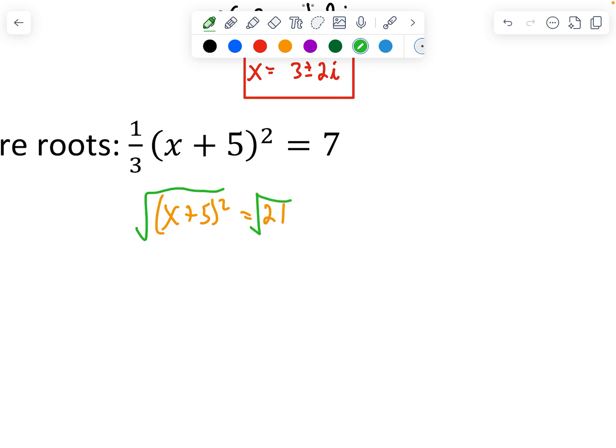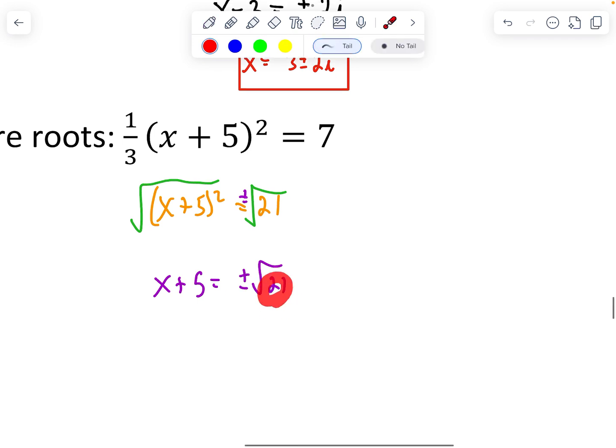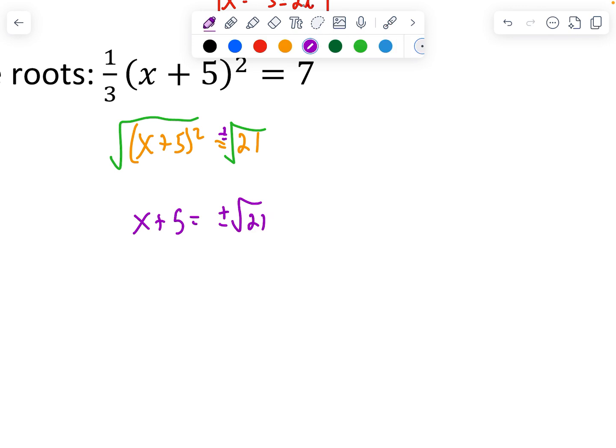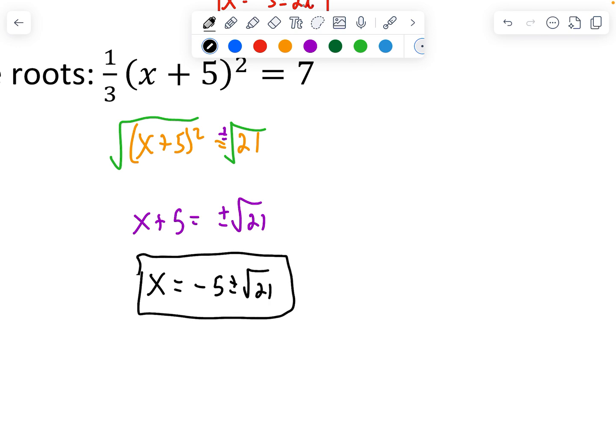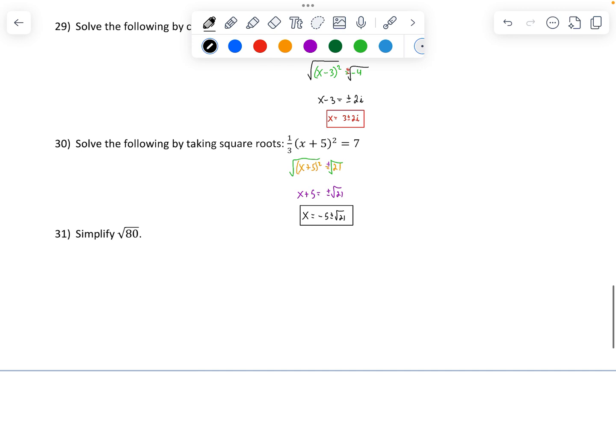And remember, when you square root both sides, get your plus or minus there. So that gives me x plus 5 equals plus or minus the square root of 21. Check for perfect square factors of 21. There aren't any. It's just 7 and 3 are the only options. And subtract 5 to get x equals negative 5 plus or minus the square root of 21. And there you go with that.